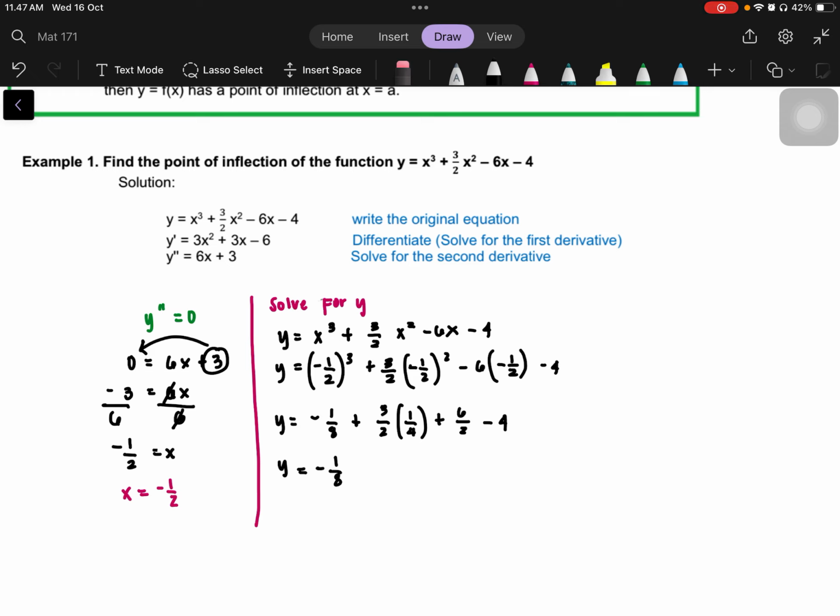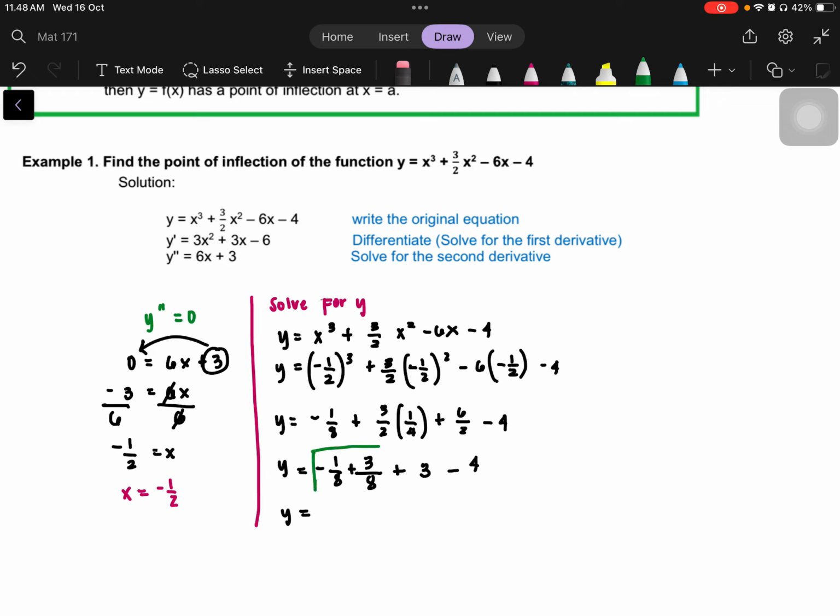And then, simplifying it, we have y is equal to negative 1/8. Then, 3 times 1 is 3 over 2 times 4 is 8. Plus yan. Then, plus 6 over 2 minus 4. Or 6 over 2 is, ano 6 over 2 natin? That is 3 na lang, diba?